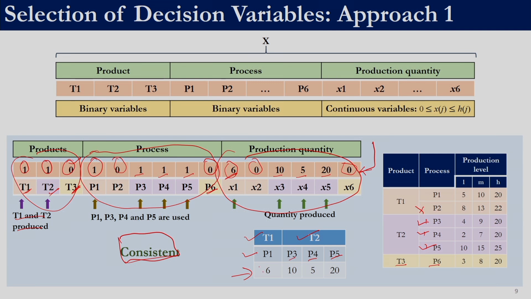So now this is the decoded solution. Whatever meta-heuristic techniques we have discussed will give a solution like this, which we can decode. Now we can calculate the production cost, the investment cost, the profit, and whether we are satisfying the raw material constraint and all those things.